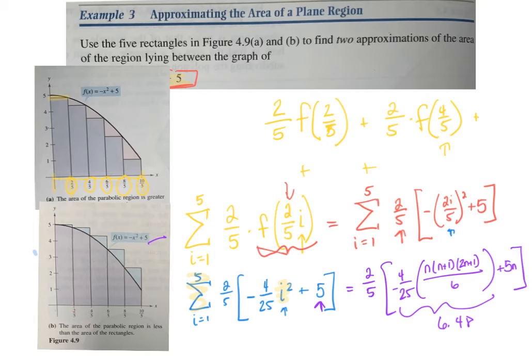When you plug it in, you get 8.08. And so this is what we got when we plugged in the smaller one. This is what we get when we plug in the left-handed side ones there. So we can say without a shadow of a doubt, well, somewhere between 6.48 and 8.08 is my actual one. All right.